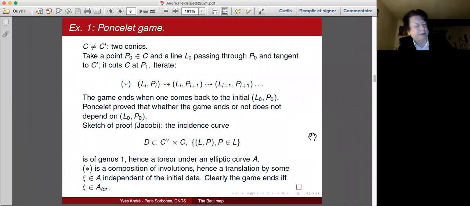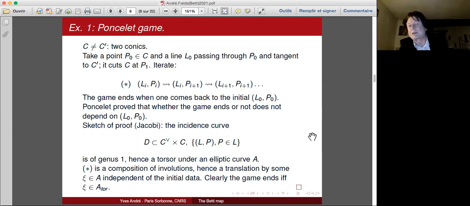It's from the beginning of the 19th century. It is about the Poncelet game. So we give ourselves two different conics, C and C prime. And we take first a point, P0, on the first conic, C, and also a line, L0, which passes through P0 and which is tangent to the other conic.